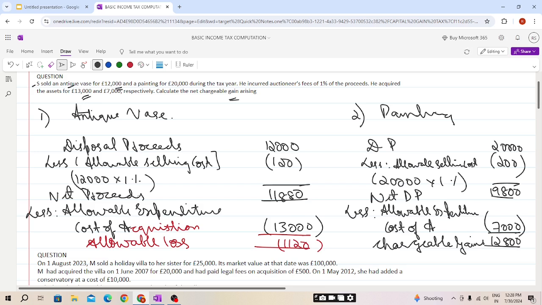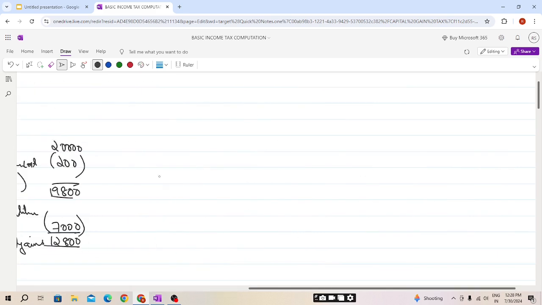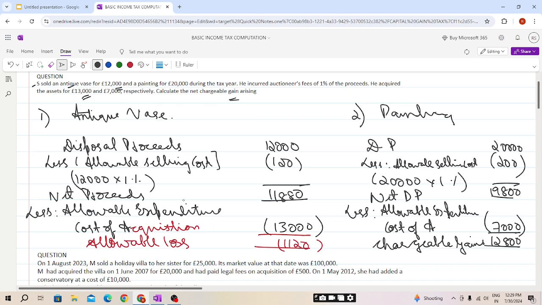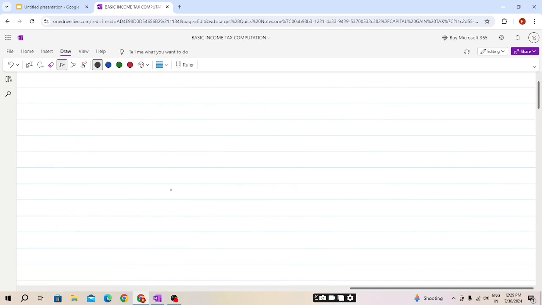And now, students, step number 2, calculate the net chargeable gains. The net chargeable gains will be the chargeable gains less the allowable loss. The allowable loss is 1,120, students.